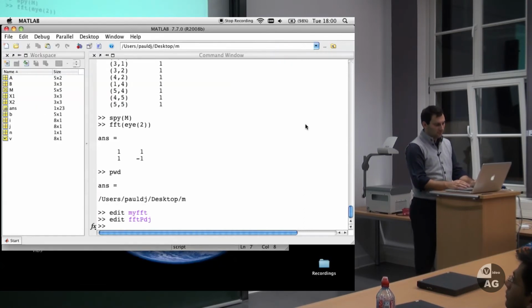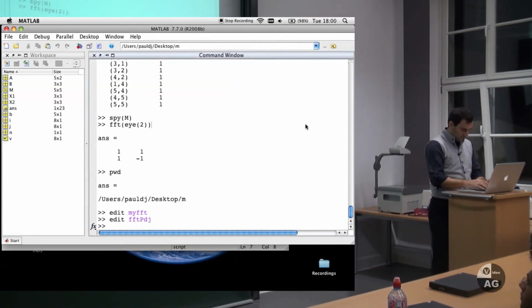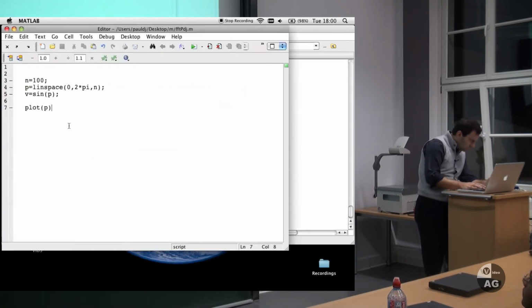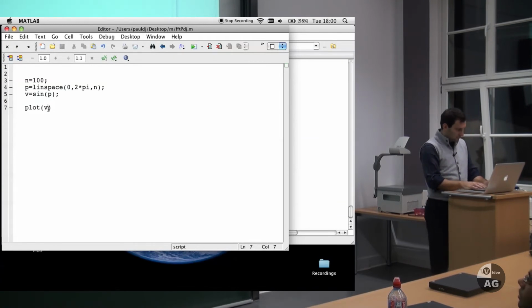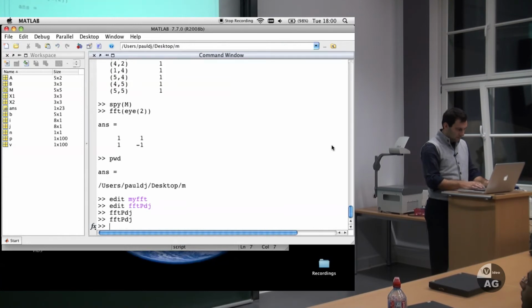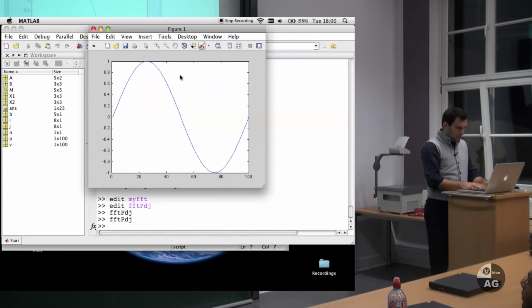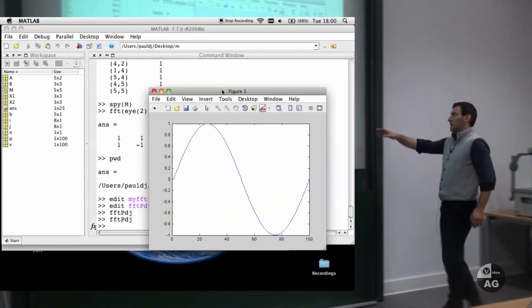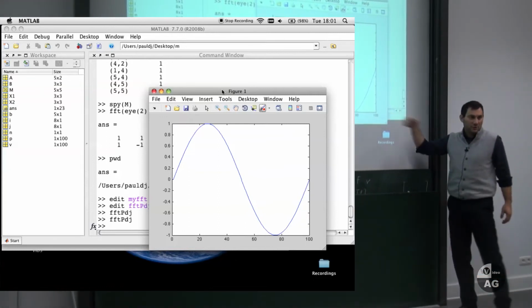Let's see what I've done so far. Ah, thank you. Thanks. It's a good start. Okay. The plotting capabilities of Matlab, there will be a lecture later on.